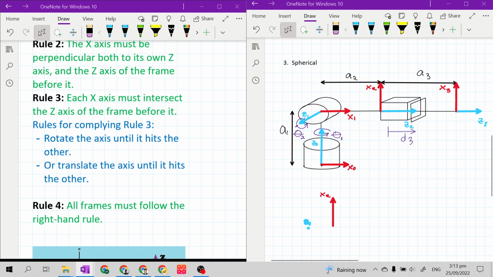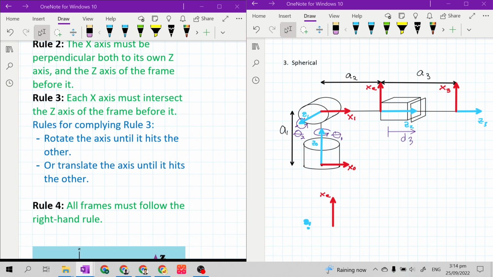At the front view, z sub 1 is an arrow pointing to the left, while x sub 2 is an arrow pointing upward. They look like intersecting, but they are not intersecting at the front view and top view. So x sub 2 does not comply with rule 3.